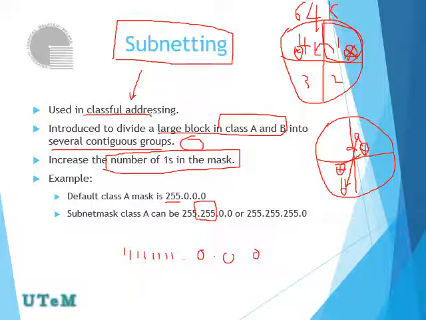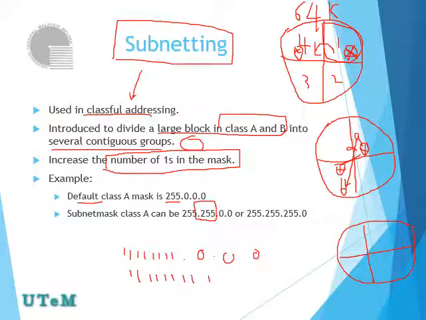0.0.0. Okay, now this is the default. When you do subnetting, when you divide the network into, let's say, 2 and 4 subnets, you increase the number of 1s in the subnet mask.